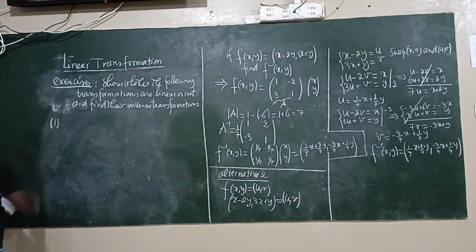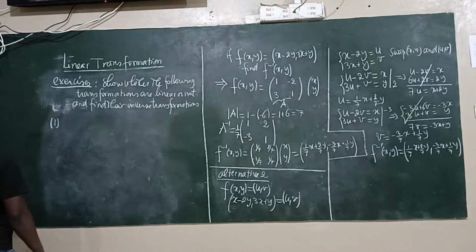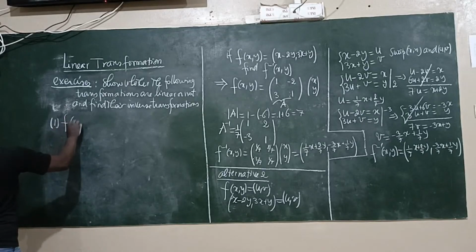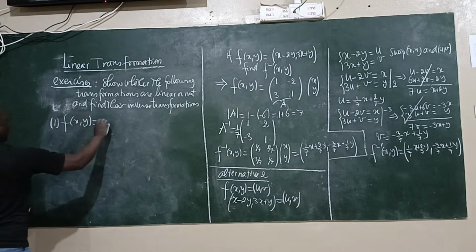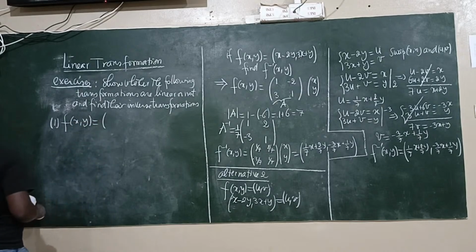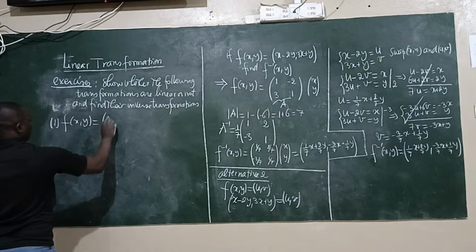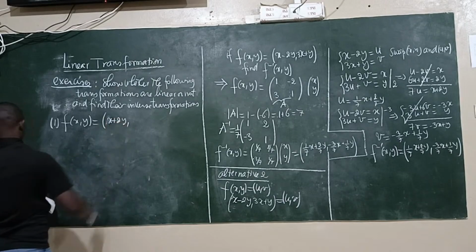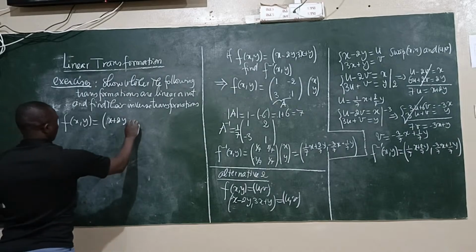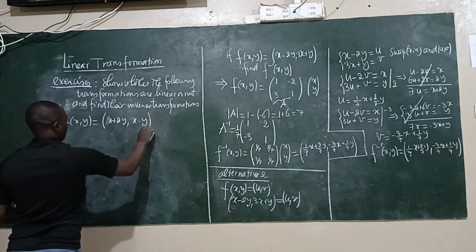One, we have f(x,y), which is (x plus 2y, x minus y).